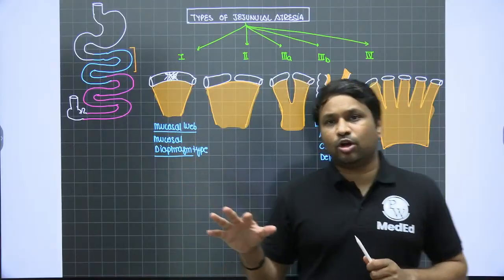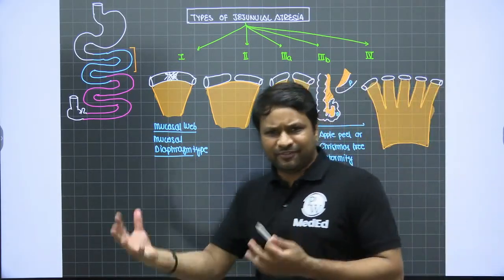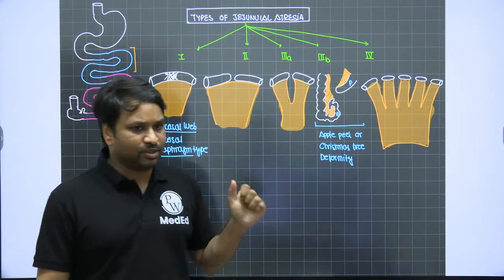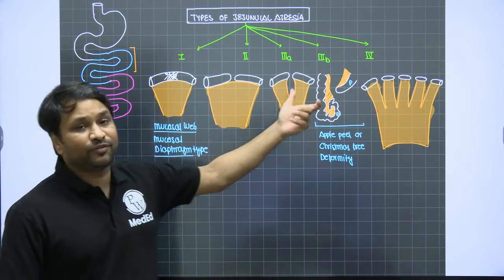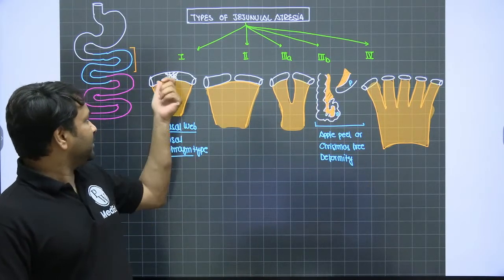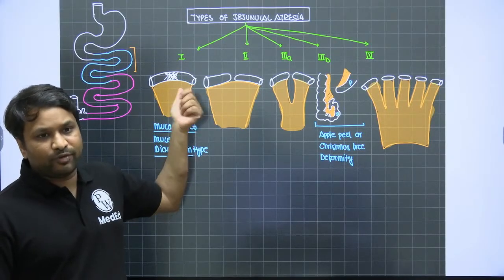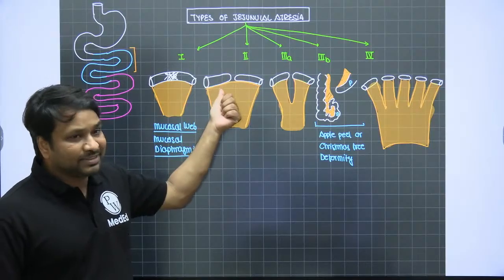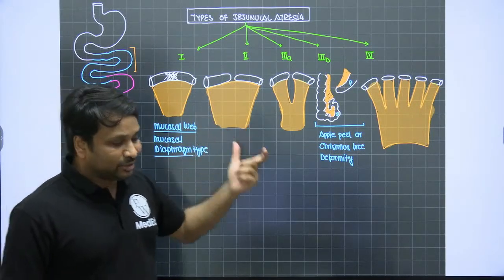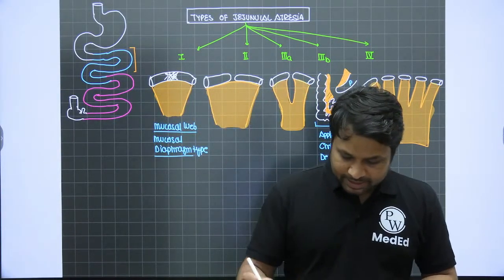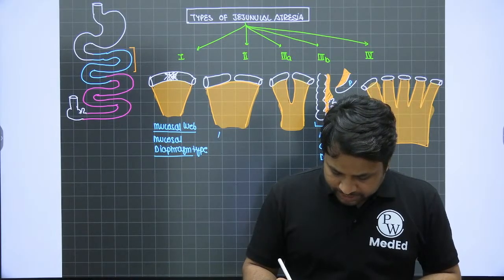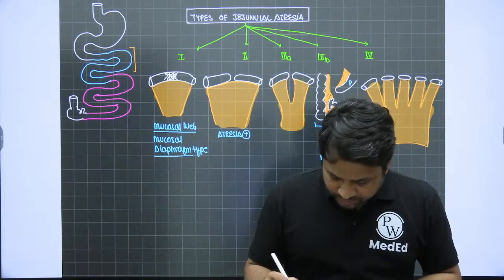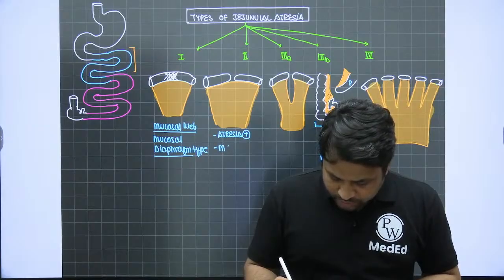So when you look at the entire component, there are five different types of jejunal atresia, divided into five different types, or I can say five different components with four different numbers that we have given. Type 1, there is only a mucosal web, or we also call it the diaphragmatic or mucosal diaphragmatic type. In type 2, there is atresia, but the mesentery is continuous, right?